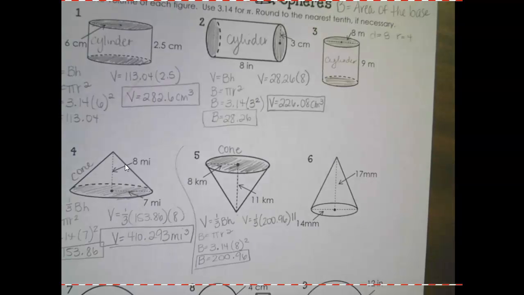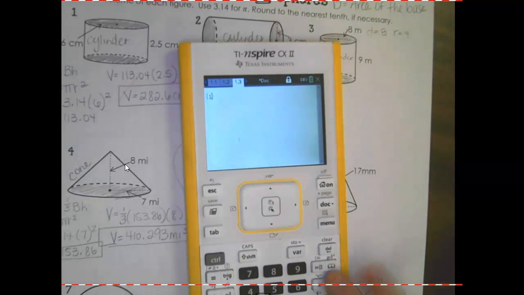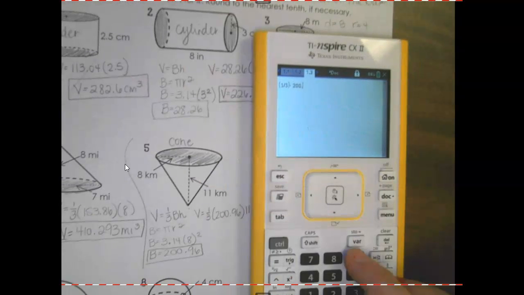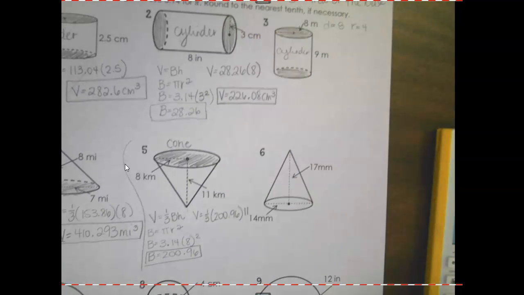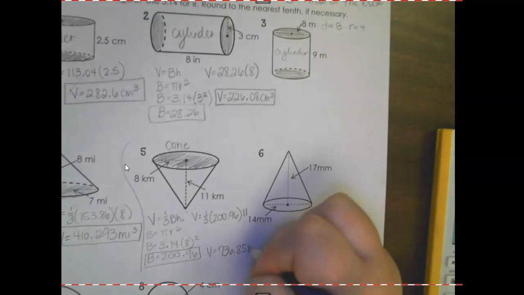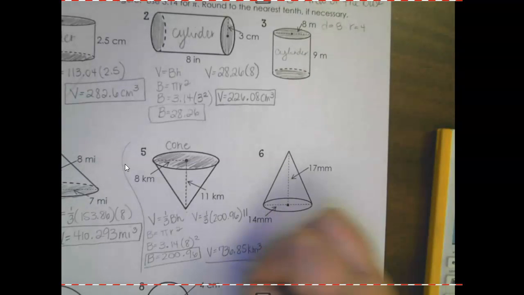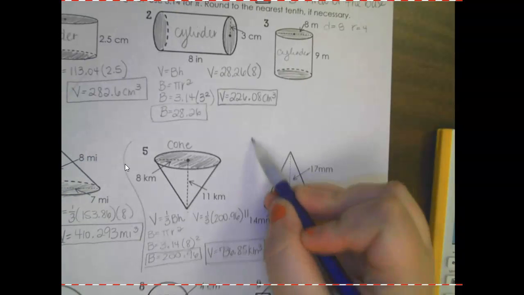So I'm going to do 1/3 times 200.96 times 11, which is 736.85. And it's going to be kilometers cubed. Sorry, I write too big for these.